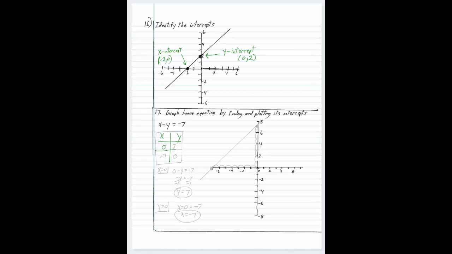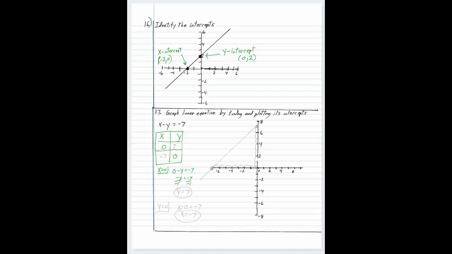And then dividing by 4 gives us y equals -2. And likewise, when y is equal to 0, we get x plus 4 times 0 equals -8. 4 times 0 is 0, so that just becomes x equals -8.